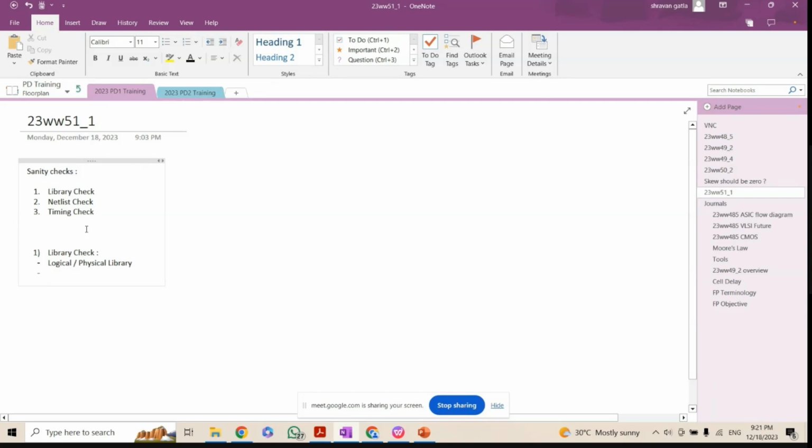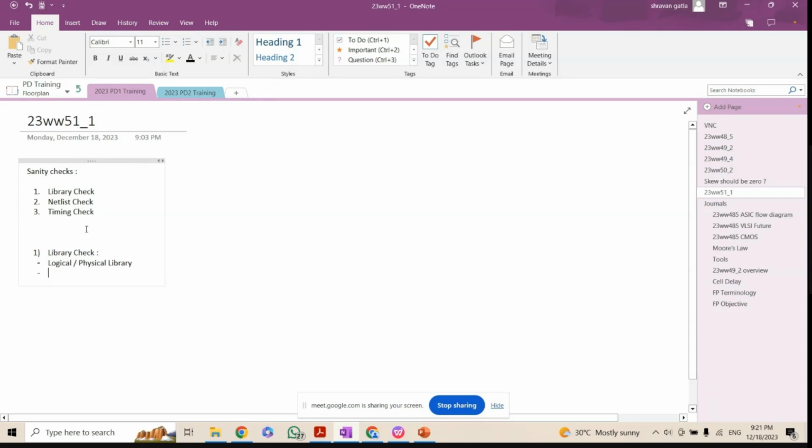You're supposed to get the input as one, but what you are giving is zero. So the functionality is changing. The output is supposed to come as high, but it's coming as low. It's wrong. That's the reason the output shouldn't be tied to ground. It's an important point, guys.